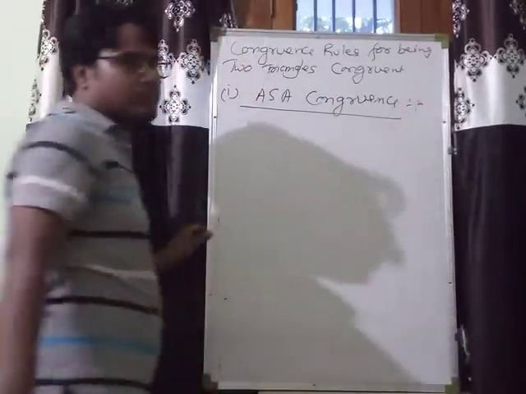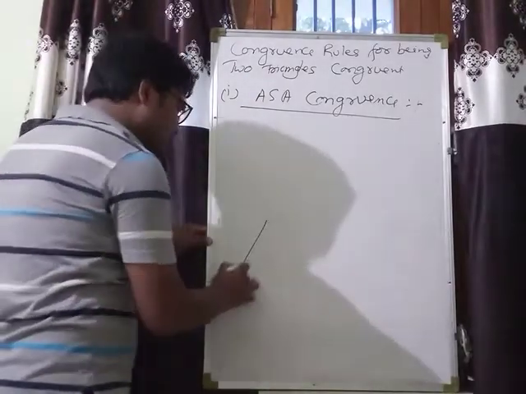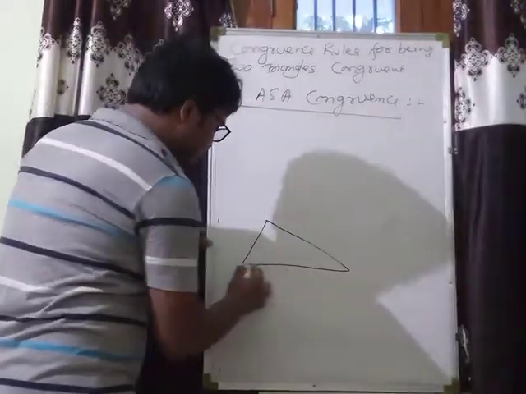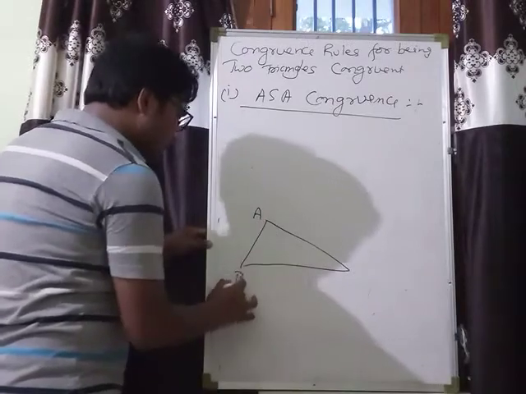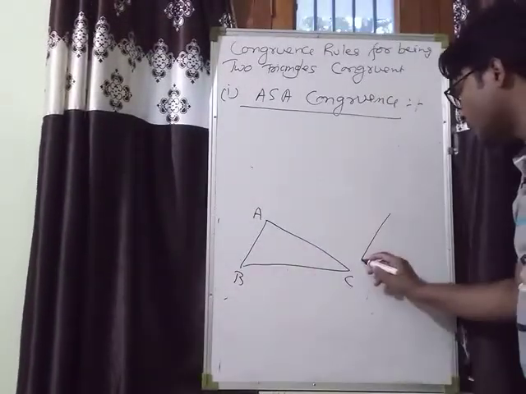ASA congruency. In two triangles, first see here on the whiteboard, ABC is a triangle and another triangle is PQR.